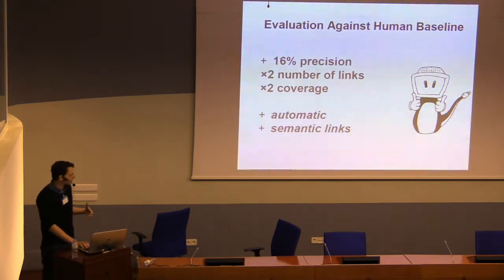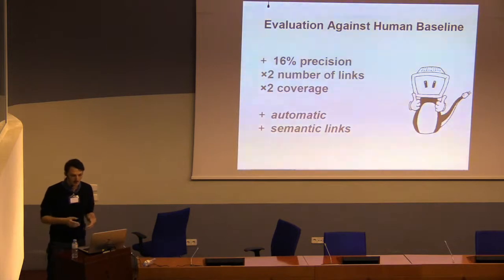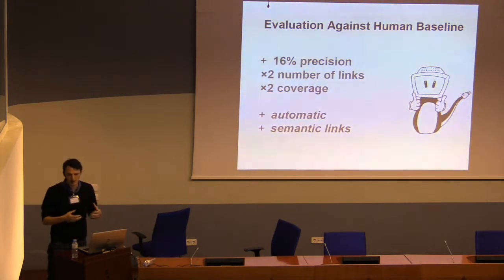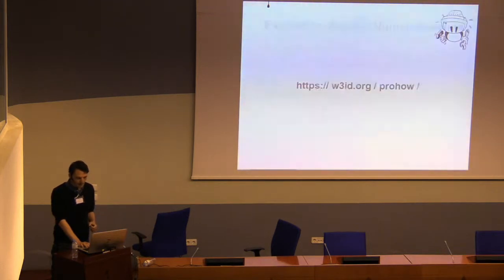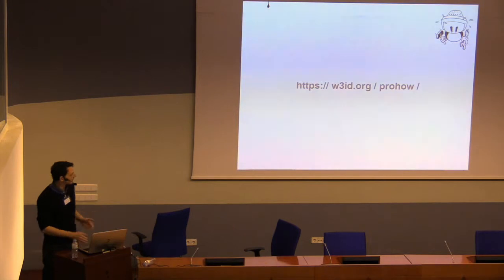But in general, it was a clear improvement, and this was thanks to exploiting linked data, external knowledge bases, and creating these links automatically by having machines understand the various entities that a process is made of. So if you're interested in this, this is the website of the project, and again, you can contact me if you want to use this data.